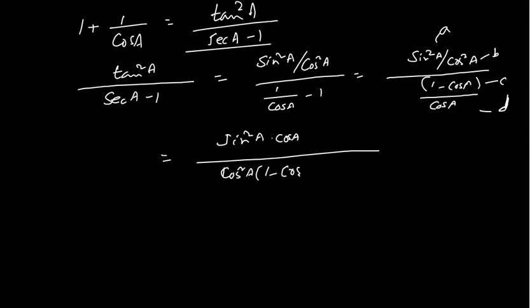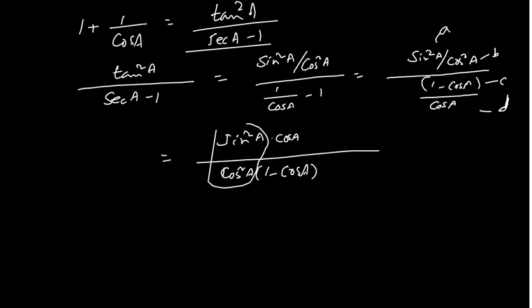So that becomes tan squared A. But here you don't take the A, B, C, D. In the answer you have got tan squared. So you go ahead and then 1 minus cos A.